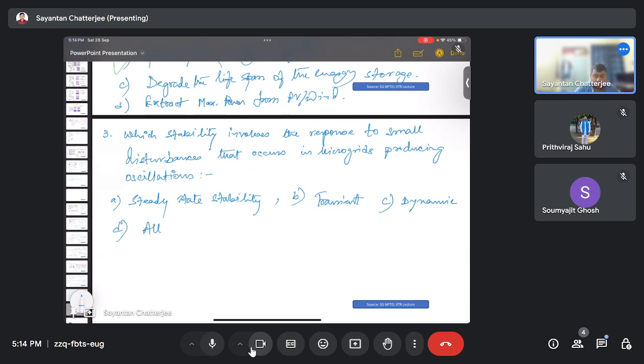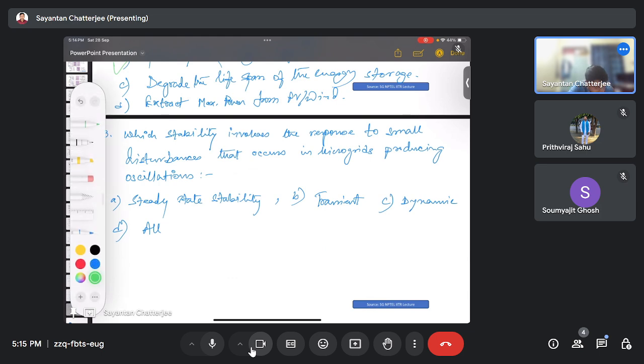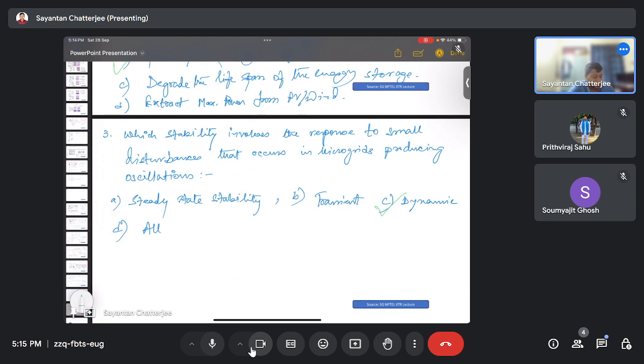Which stability involves a response to small disturbances that occur in the microgrids, producing oscillation? Steady state stability, transient stability, dynamic stability, and all. Yes. Dynamic stability.